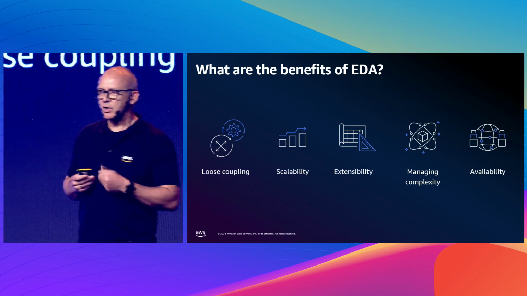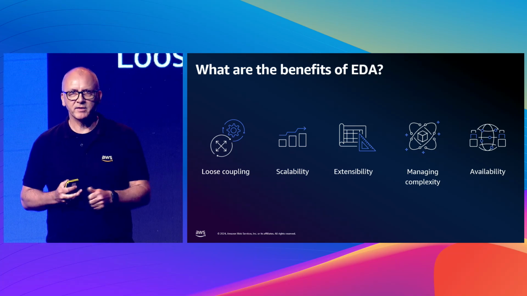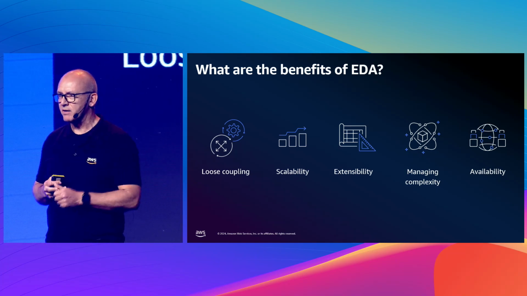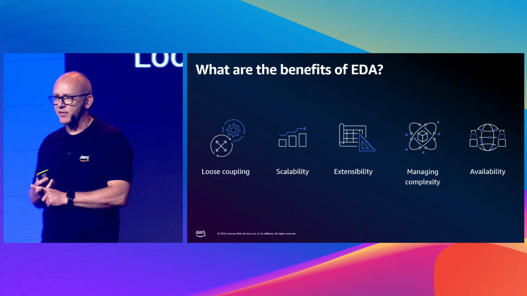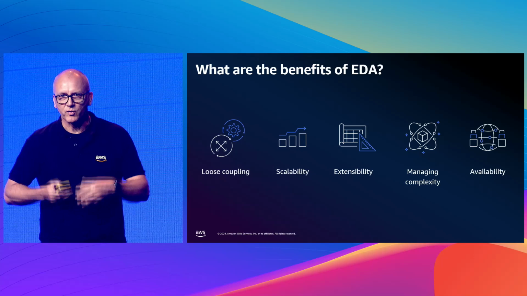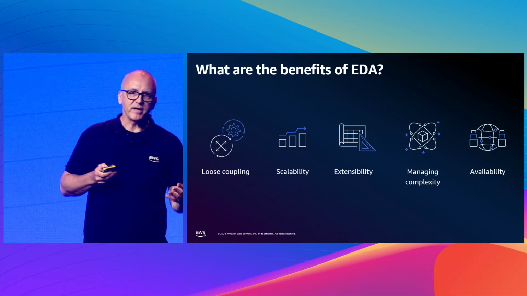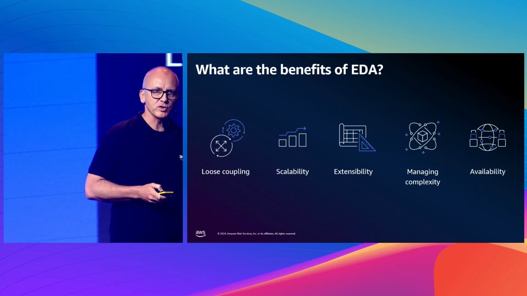And that buys you a lot of other cool things, like scalability. The more independent and less coupled your systems are, the easier it gets to scale them out independently. And the same applies also to extensibility, so the evolution of your systems. It is, as I already mentioned, a divide and conquer architectural style.